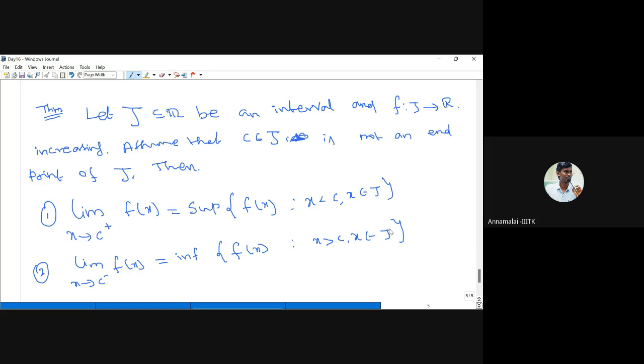If it is continuous, both values should be equal; that means the supremum and the infimum should be equal.